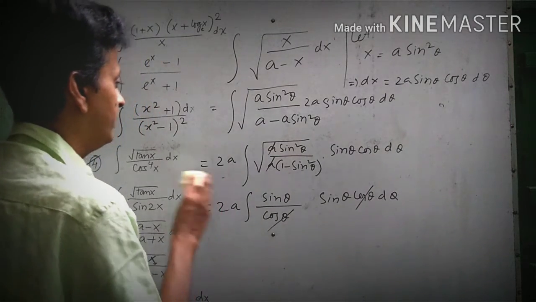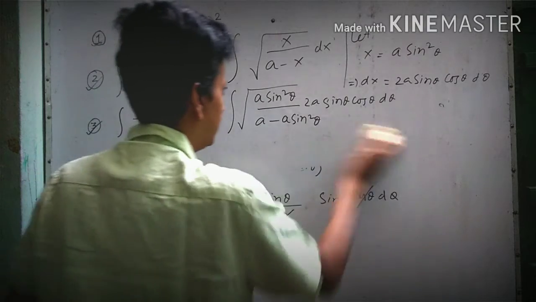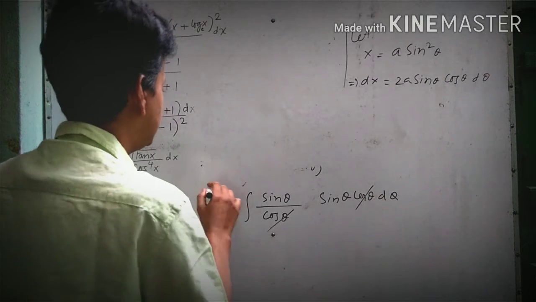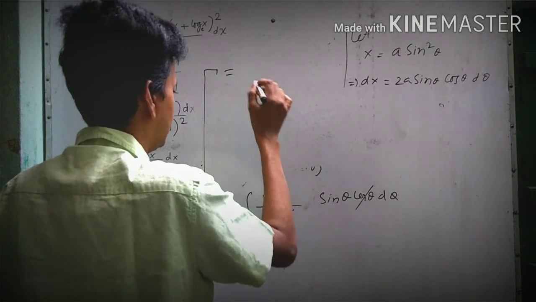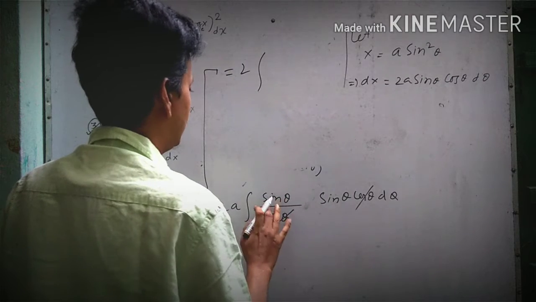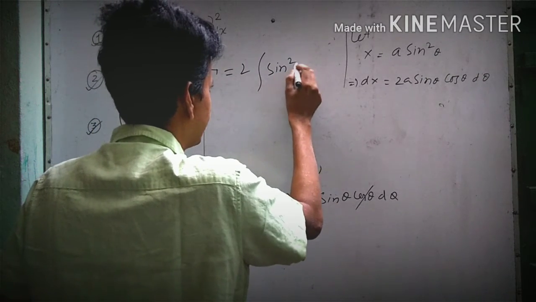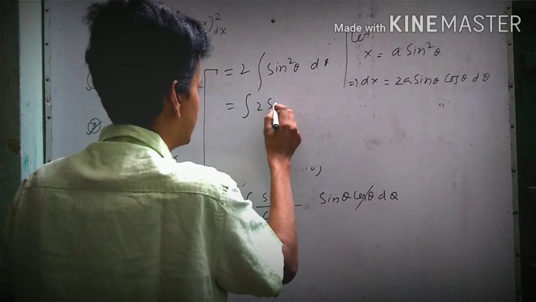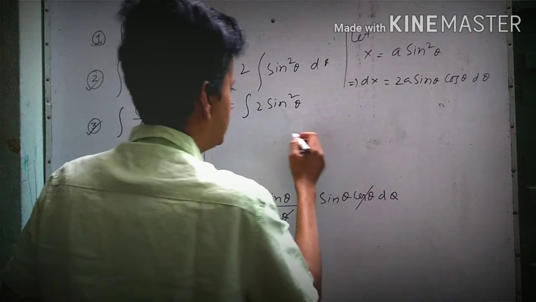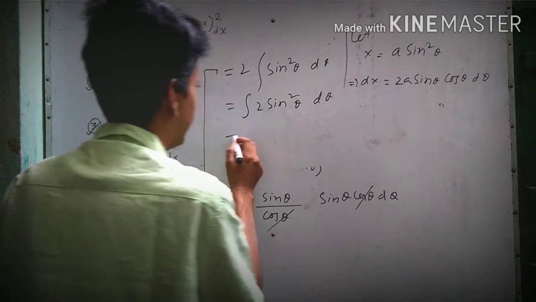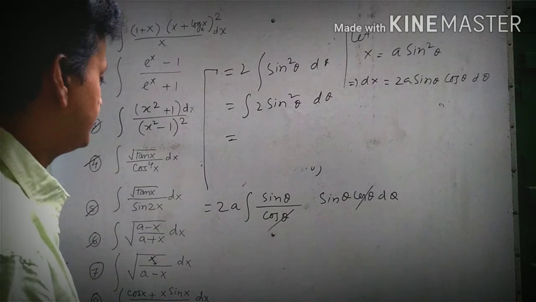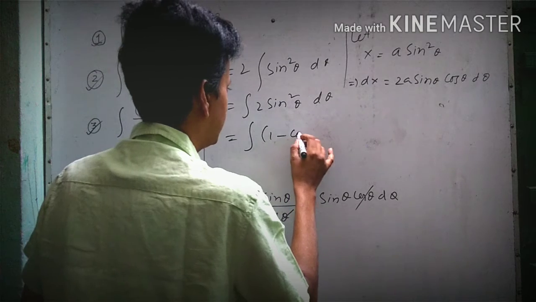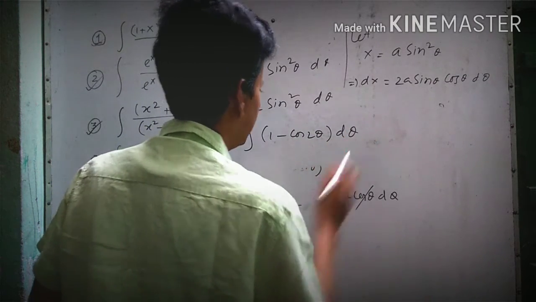So our problem is like 2 into integration of sin square theta d theta, that is integration of 2 sin square theta d theta, that is integration of 1 minus cos 2 theta d theta.